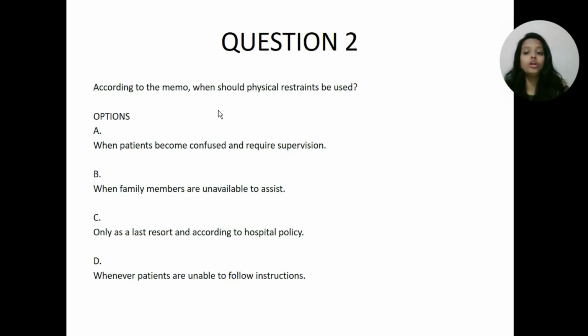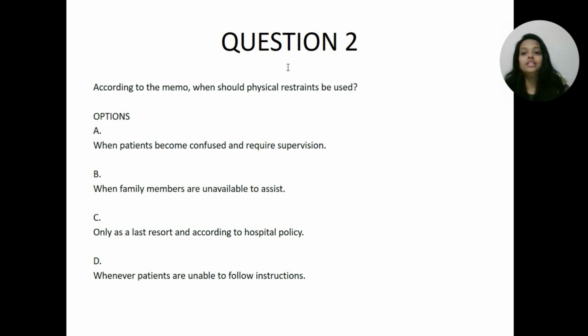The question is, according to the memo, when should physical restraints be used? And the options are: A, when patients become confused and require supervision; B, when family members are unavailable to assist; C, only as a last resort according to hospital policy; and option D is whenever patients are unable to follow the instructions.